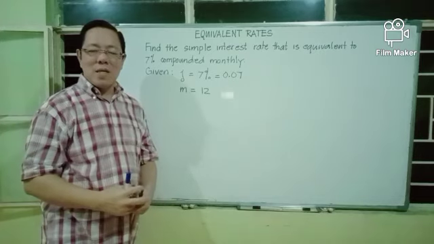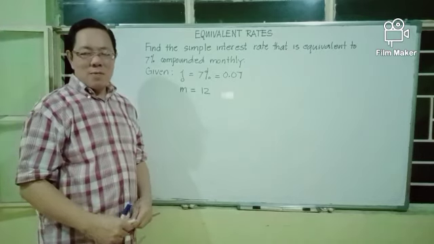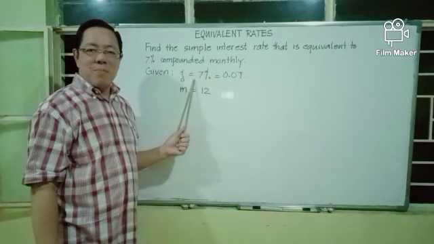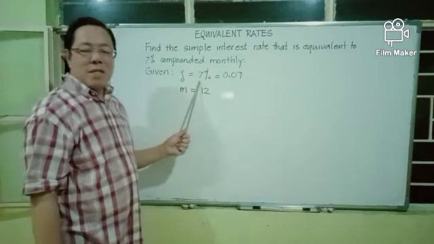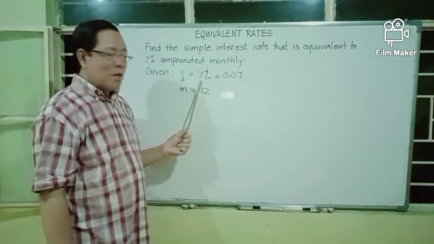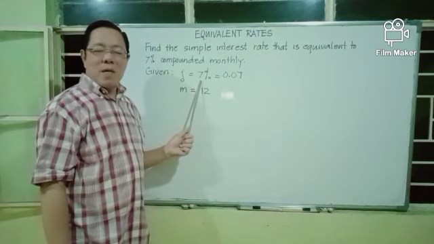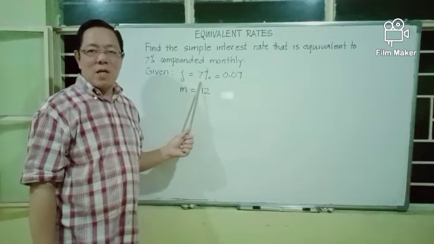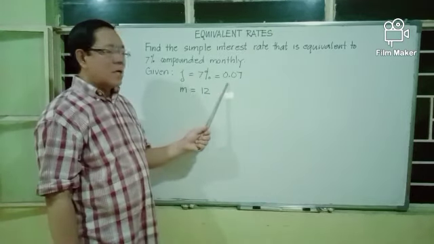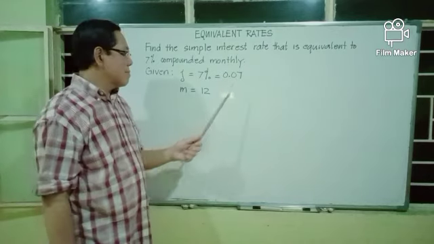The compound interest rate is denoted by J. The compound interest rate given is 7%. To convert this to a decimal number, you divide 7 by 100. In your calculator, you simply divide 7 by 100 and you get 0.07.